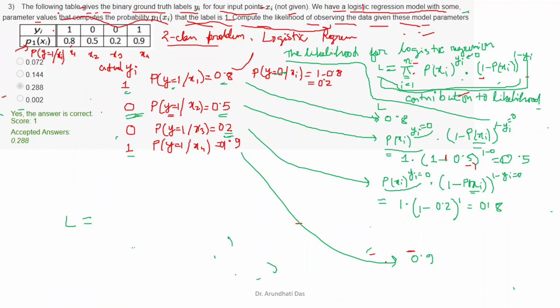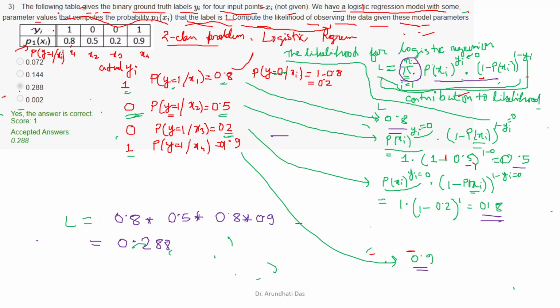So I will multiply all the respective probability values: 0.8 multiplied by 0.5, multiplied by 0.8, multiplied by 0.9. The final value of this multiplication is 0.288. So the correct option here is the third option, 0.288. I hope you understood. Thank you.